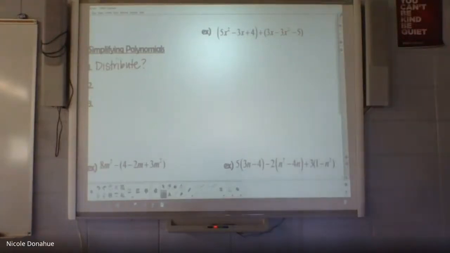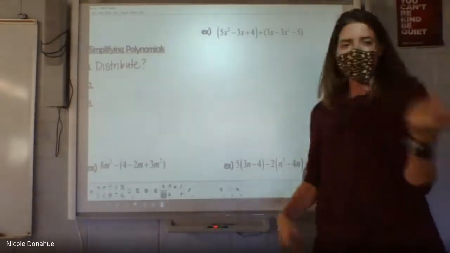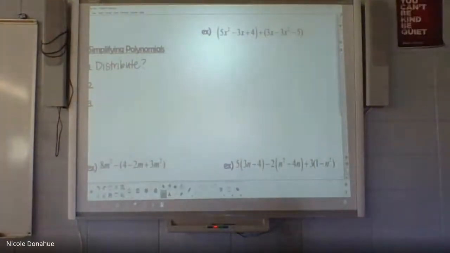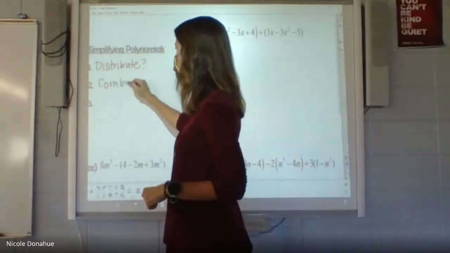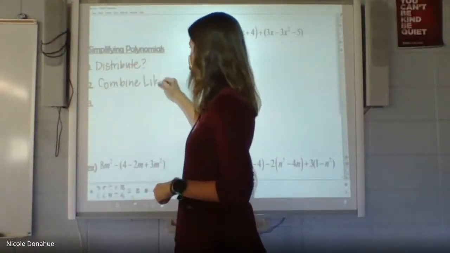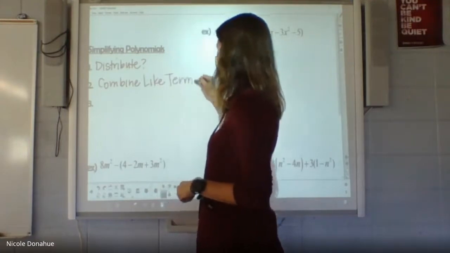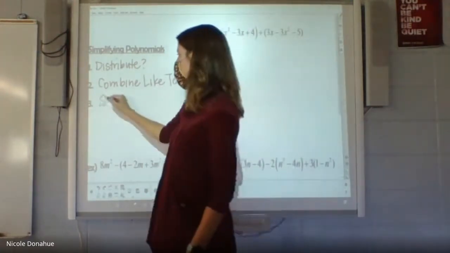Is there any distributing to do here? No, there's nothing being multiplied, so we don't have to do anything. Now we can combine like terms, add or subtract if we can. And I kind of do steps 2 and 3 at the same time, is I do standard form right away.